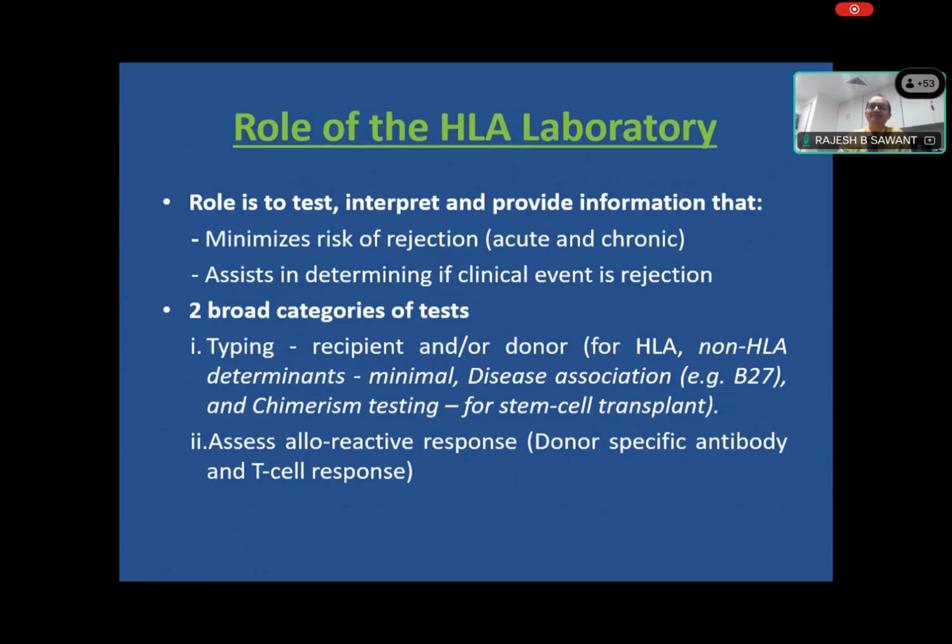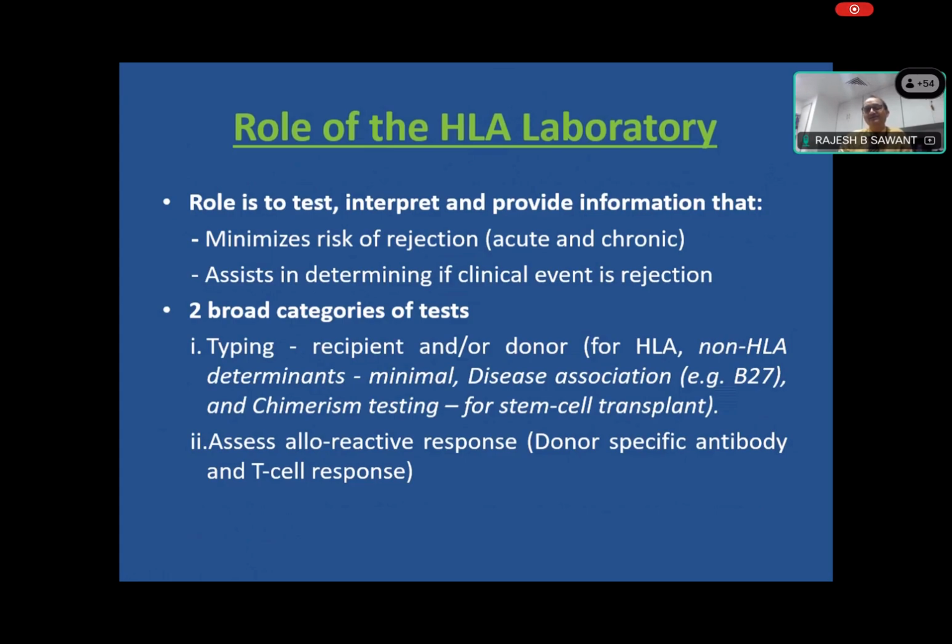So chimerism, as we all know, is where there would be more than one, generally two, different cell populations. One is derived from the donor origin and the other from the recipient origin. And you look at the chimerism picture after a stem cell transplant in order to monitor the progress of that particular transplant. So typing is one broad category of HLA testing.